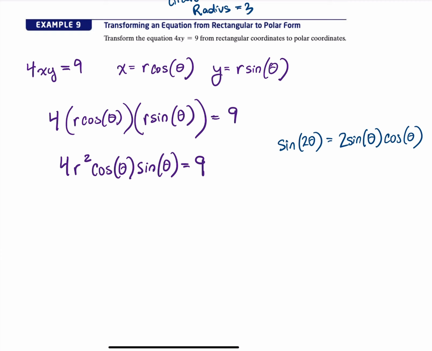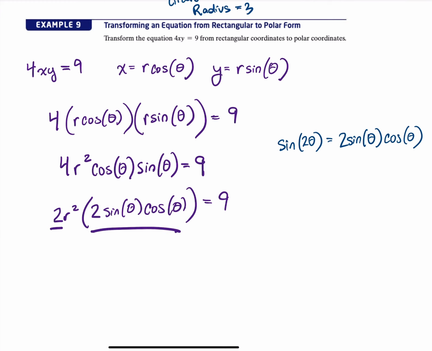Let's say we take a 2 in the r squared out and then leave another 2. So we're splitting that 4 into 2 times 2. And then we can swap the order here and say 2 sine theta cosine theta. You can double check by multiplying this back in: 2 times 2 gives us the 4, and we have the r squared and the sine and the cosine.